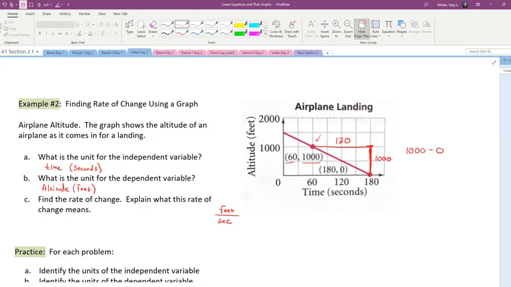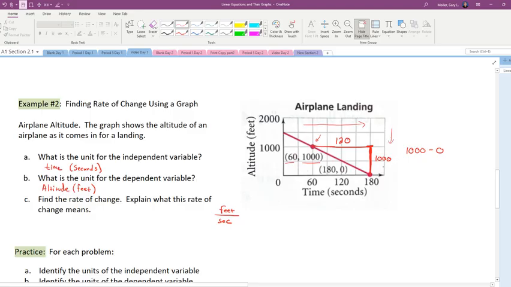All right. Now, what we didn't talk about is direction yet. So let's think about this for a minute. Time is increasing as our independent variable. So as time is getting larger, so we're moving to the right, my altitude is getting smaller.